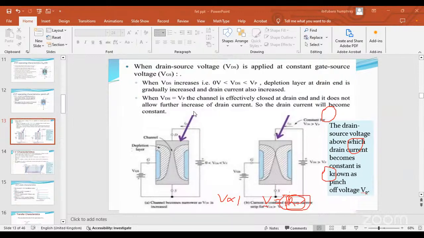So if you read this, you will see most of them explained. So the drain source voltage, look at it by the side, above which drain current becomes constant, is known as the pinch off voltage.